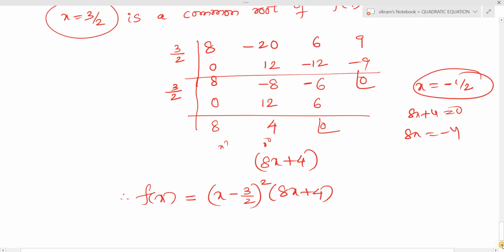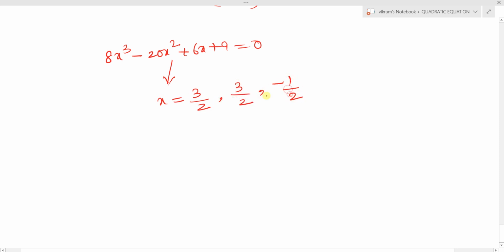Then what are the roots of the given cubic equation? The cubic equation 8x cube minus 20x square plus 6x plus 9 equal to 0 has the multiple roots x is equal to 3 by 2, 3 by 2, and another root is minus 1 by 2. These are the roots of the given cubic equation.